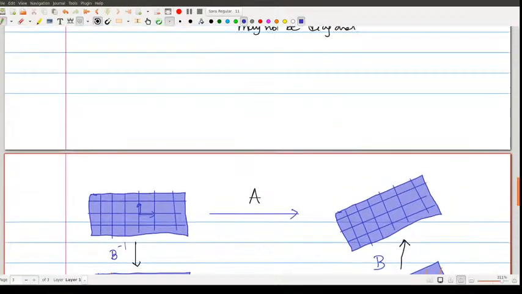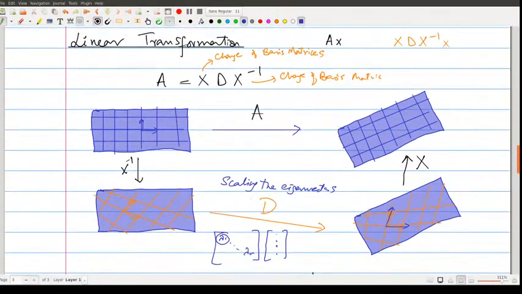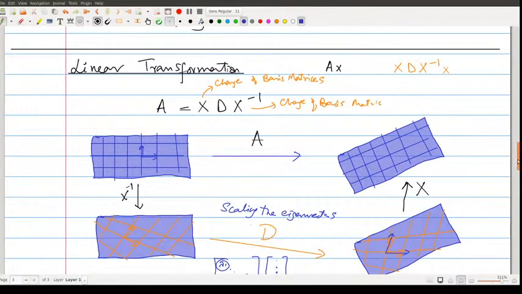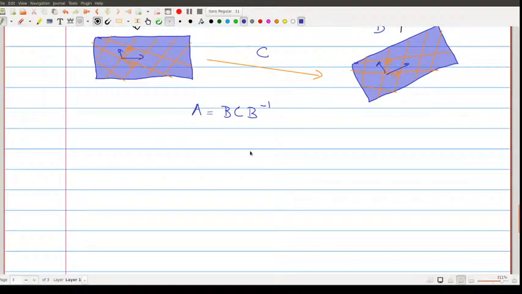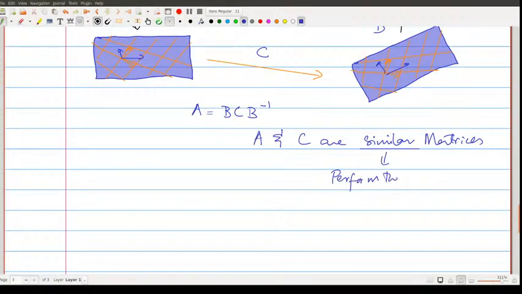Okay, so that's the view of diagonalization from the lens of linear transformation. By the way, in this case we call A and C similar matrices. The idea of similarity is that they perform the same linear transformation.